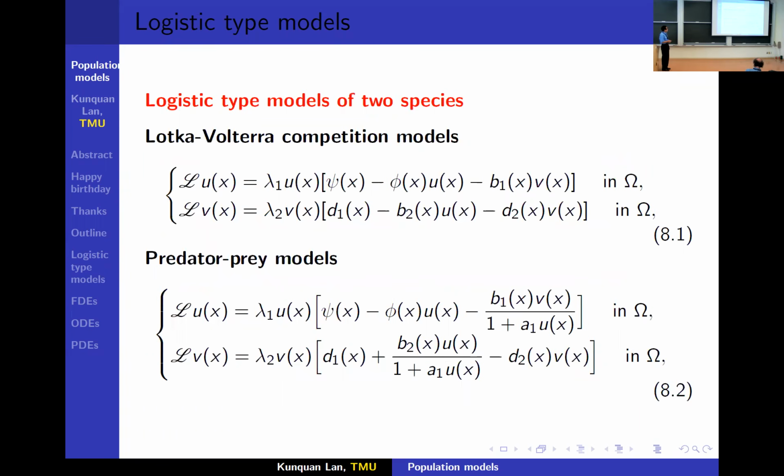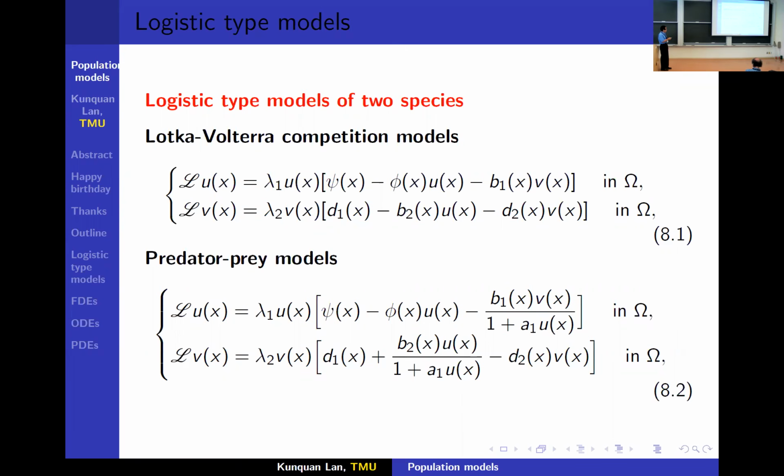Now for the system, there are several types of system, including the predator-prey model. So I just write down some of these. We need to know what kind of conditions the functions B1, B2, psi, phi need to satisfy so that the system has at least one positive solution, a non-zero solution. Sometimes the zero solution already exists, so we want to know if there's a non-zero positive solution.